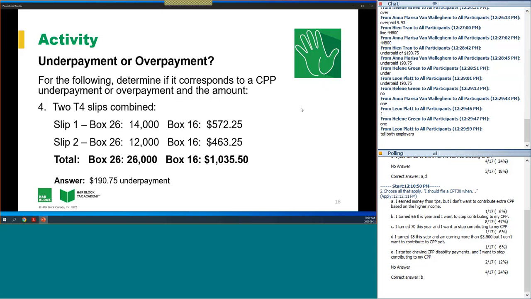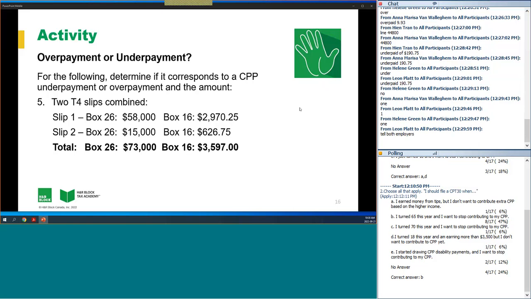Okay. Let's do another one. I'm going to tell you to be careful when you do this one right away. You might want to look at your Schedule 8 before you do it. So we have a box 26 for 58,000 and another box 26 for 15,000 because they had one main job and probably a part-time job. Right?